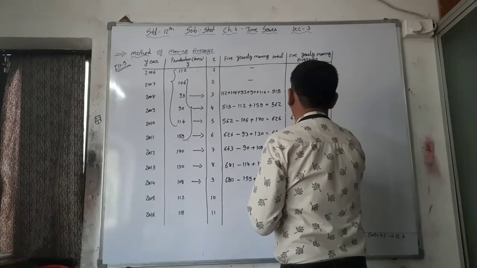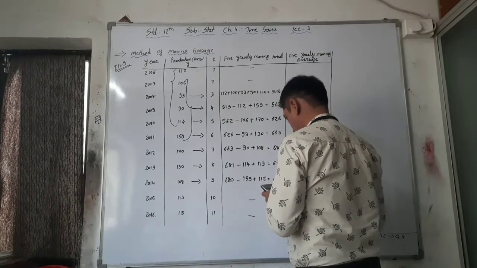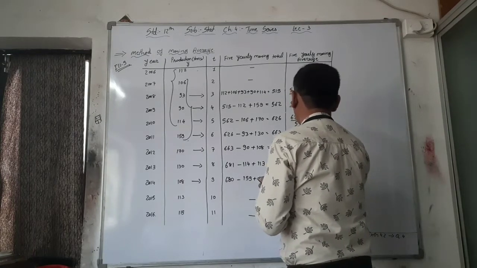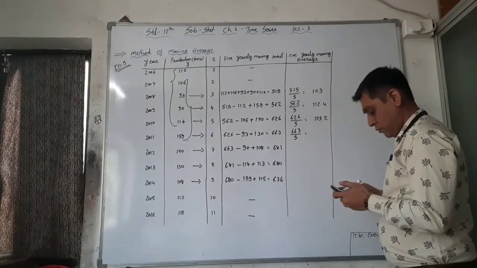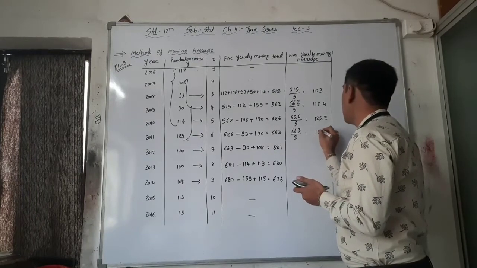Then 626 divided by 5, 125.2. And 663 divided by 5, it is 132.6.